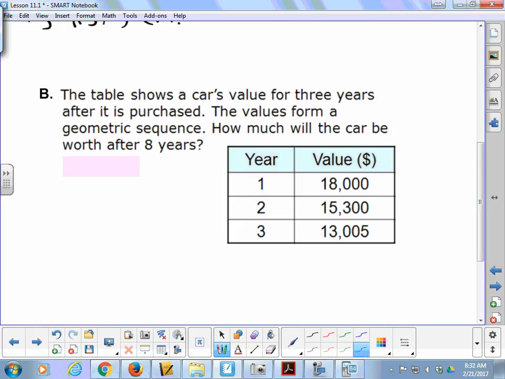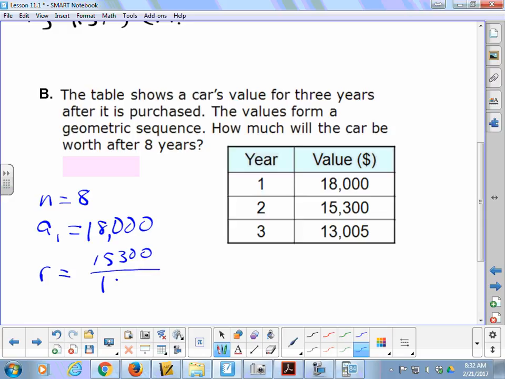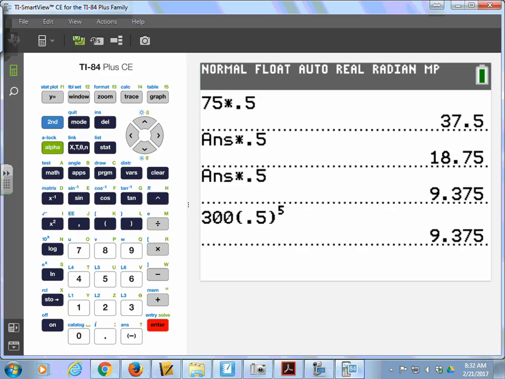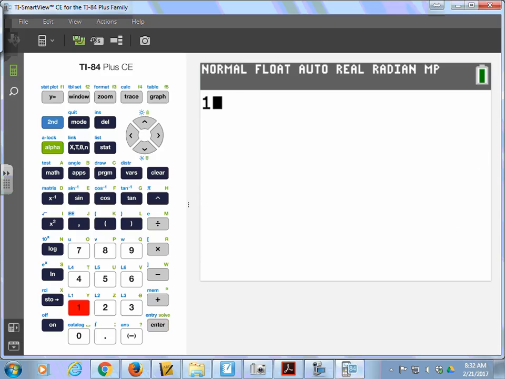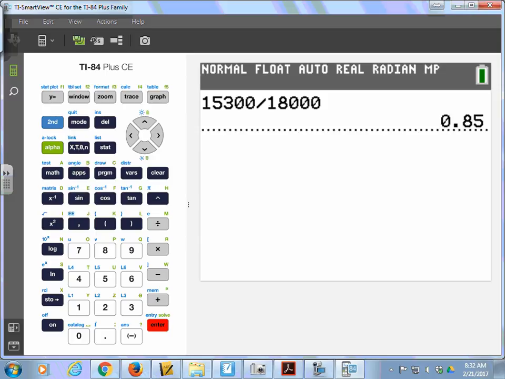So let's see, n is 8, a sub 1 is 18,000, and r is 15,300 over 18,000. We get 0.85.